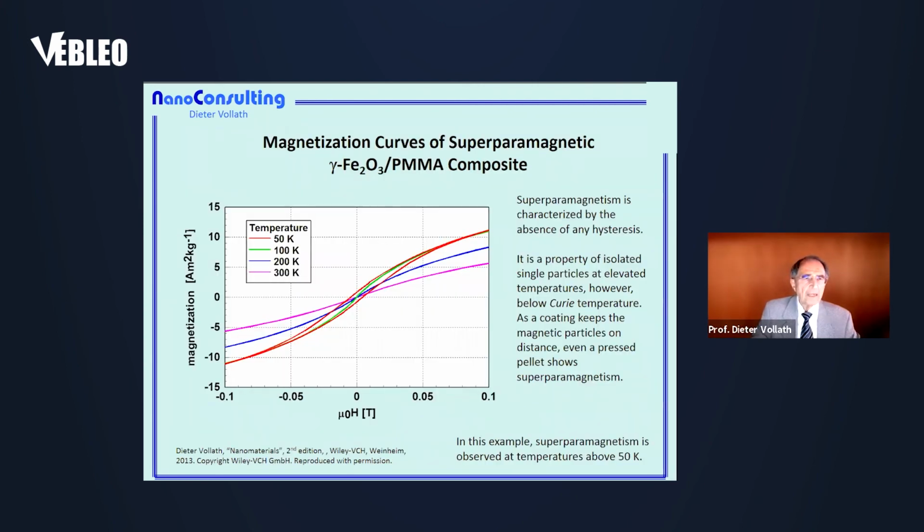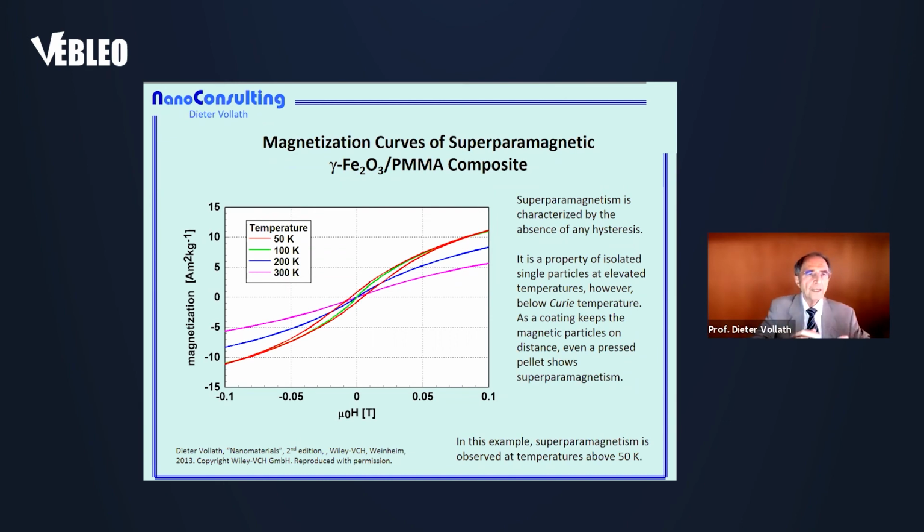Now, let's have a look at the properties of these materials, certainly of these composite materials. So, for example, superparamagnetism. Superparamagnetism is the property of isolated single ferromagnetic particles, provided they are sufficiently small.